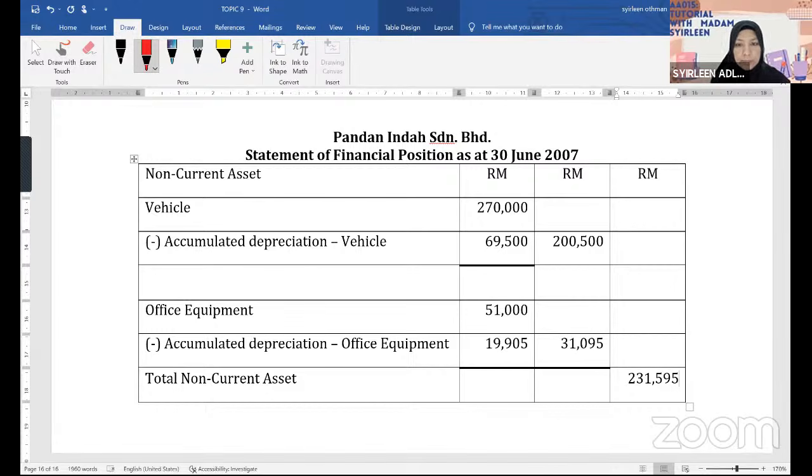Okay, so you get the amount of 31,095 ringgit. So altogether, the non-current asset for Pandan Indah to the date is 231,595 ringgit. Okay, so that is the answer for number 11. All right, okay.